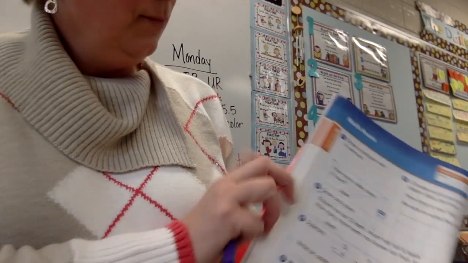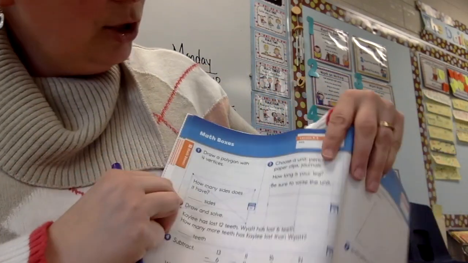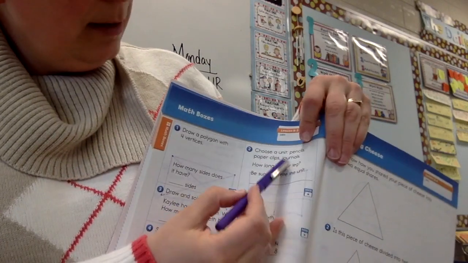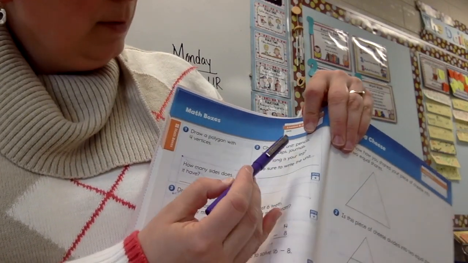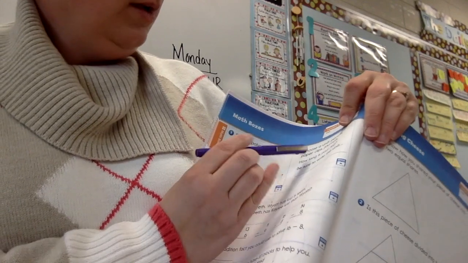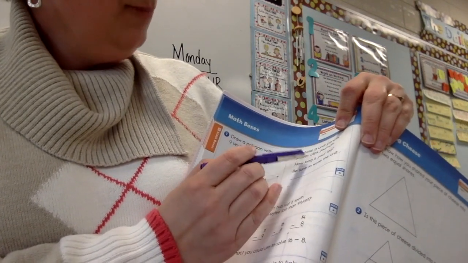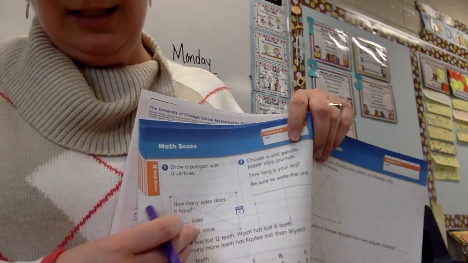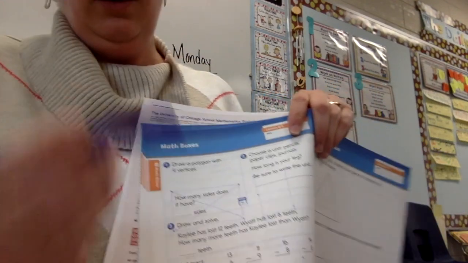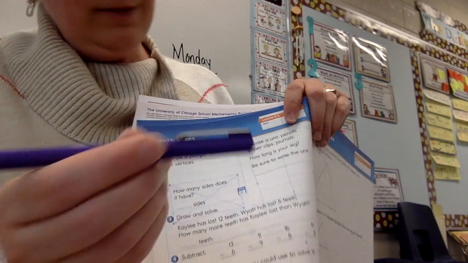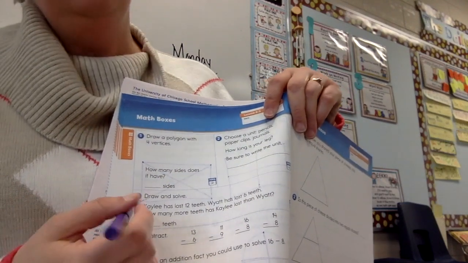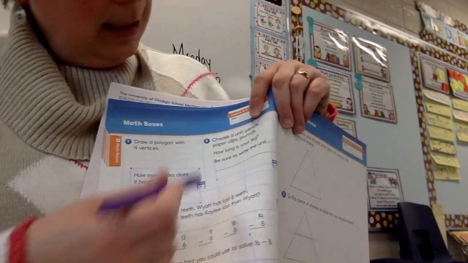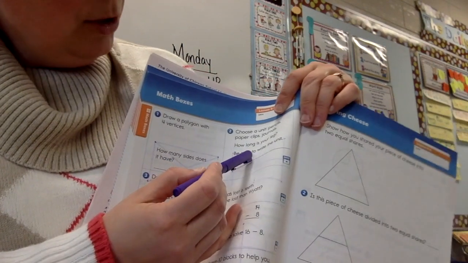Number 2 says choose a unit: pencils, paper clips, journals, whatever you'd like to use, and how long is your leg? So use something to measure your leg. You could use a marker, you could use paper clips, you could use a stick, and then you have to be sure to write the unit.